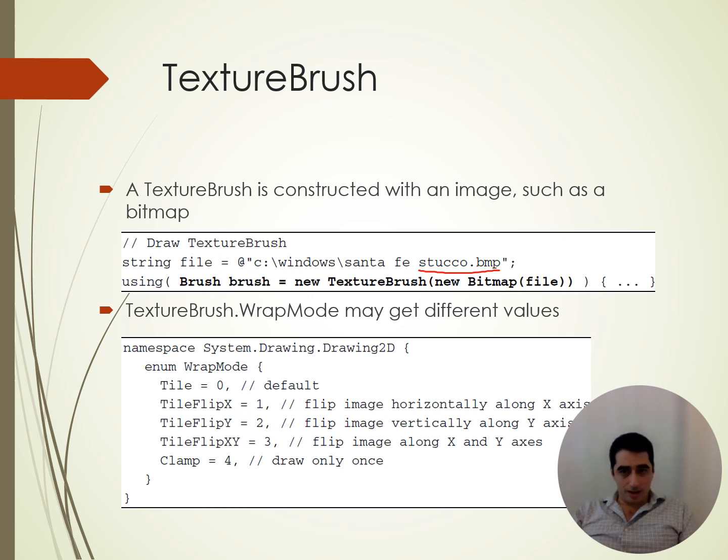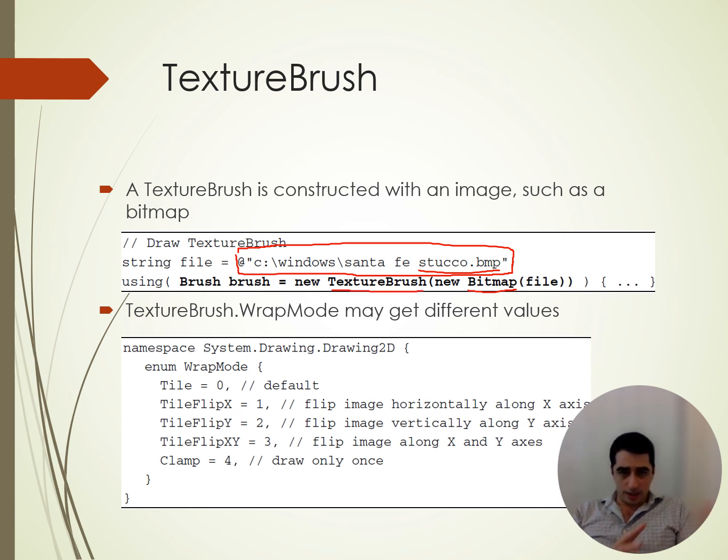Let's say start with the BMP, and then write down the location or the path and the name and the extension of the file that you have, and then use that string as the input parameter of the constructor of a new Bitmap, and then pass the bitmap object to the constructor of the TextureBrush.